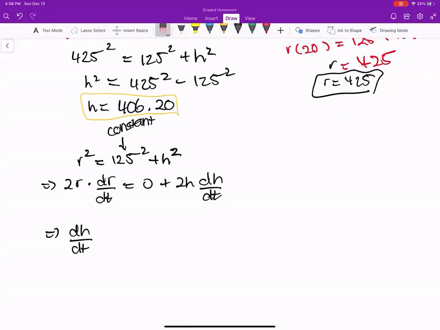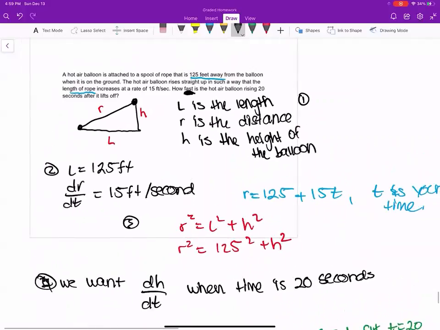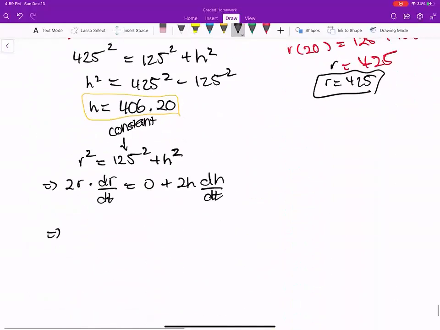Recall from above, we have dr over dt that we were given right here, which is 15. So we can cross off the twos, and you get r times dr dt equals h dh dt.